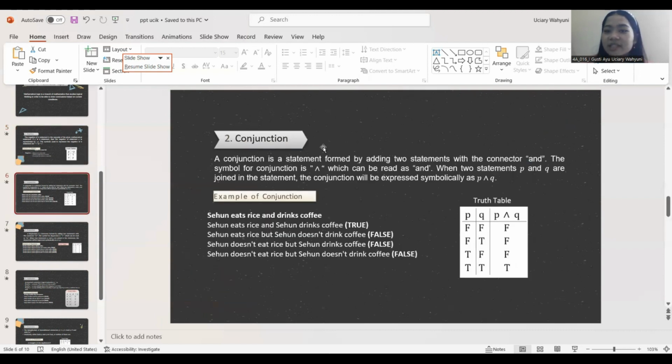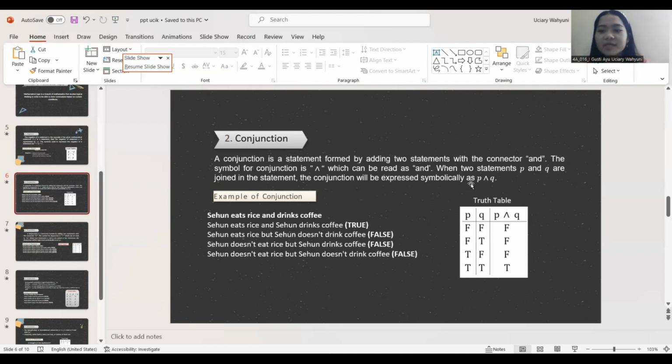Okay, next is about conjunction. A conjunction is a statement formed by joining two statements with the connector and. The symbol for conjunction, as you can see on screen, guys, can be read as and.